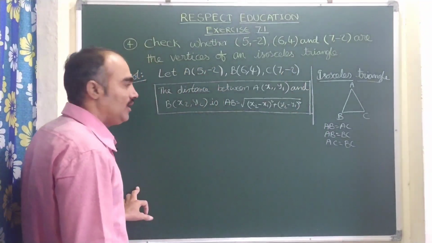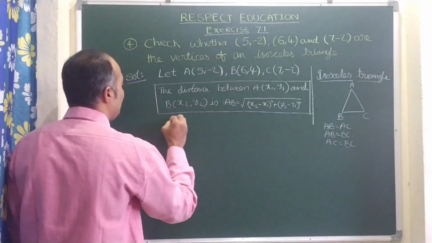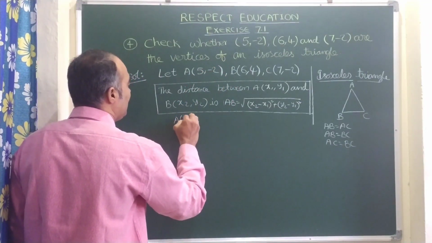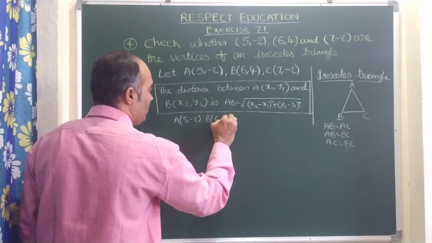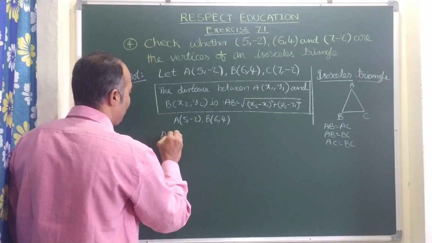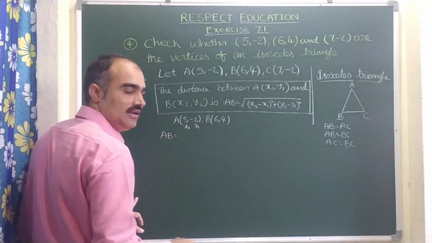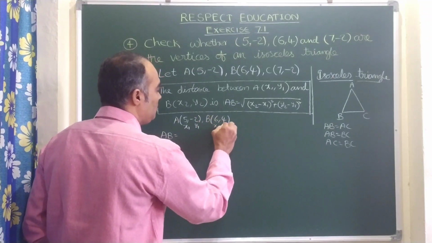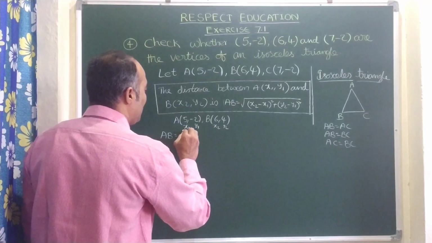Now we are going to find the distances. First I take AB. I consider A as 5 comma minus 2, B as 6 comma 4. So I am finding AB. I take this as x1, y1, B as x2, y2.